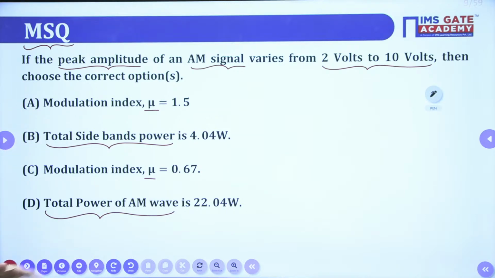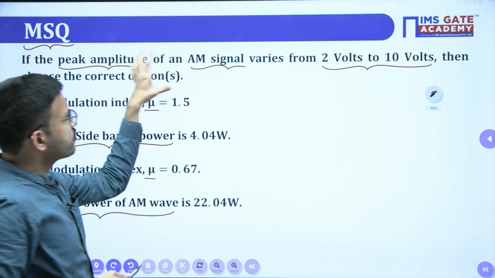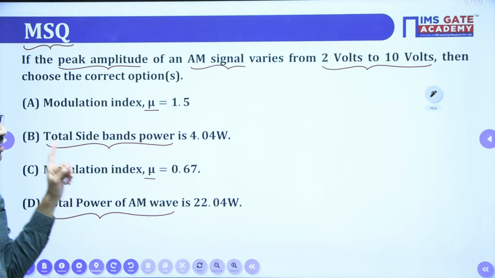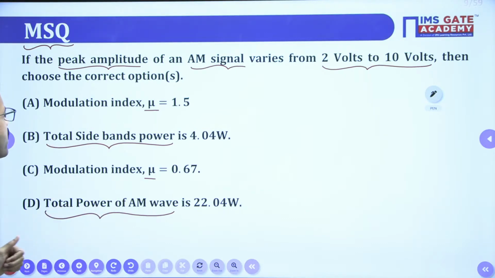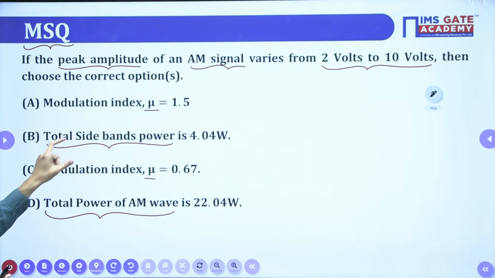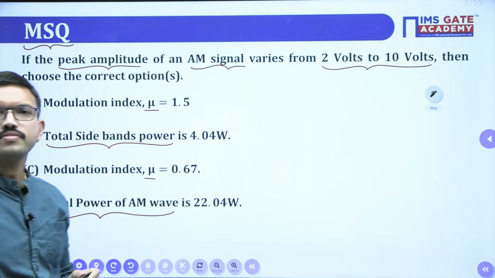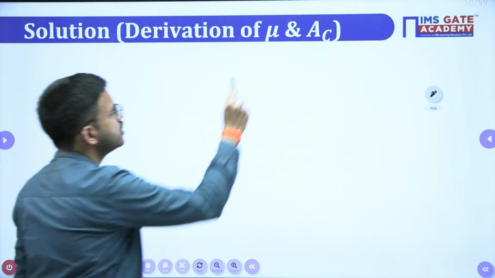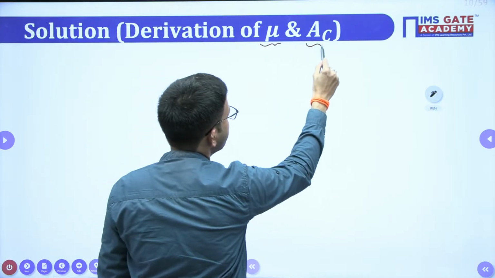So for the given data, first you have to calculate modulation index, then you can calculate carrier amplitude, and with the help of that you can calculate carrier power, then sideband power, total power, like that. Okay, first let us derive the modulation index and the carrier amplitude.